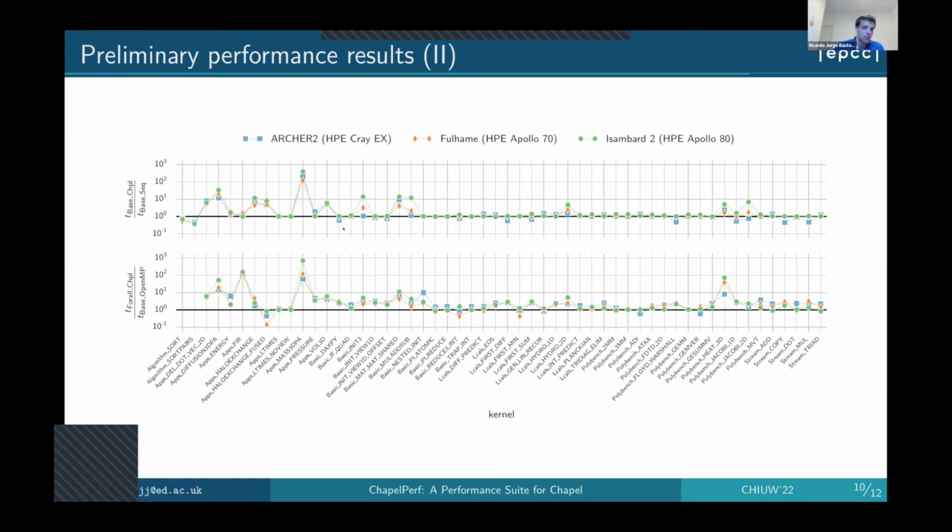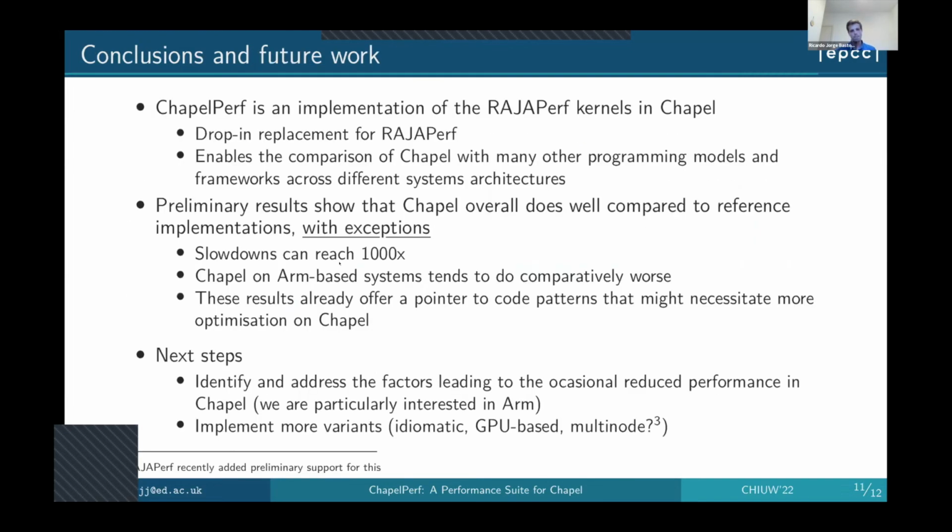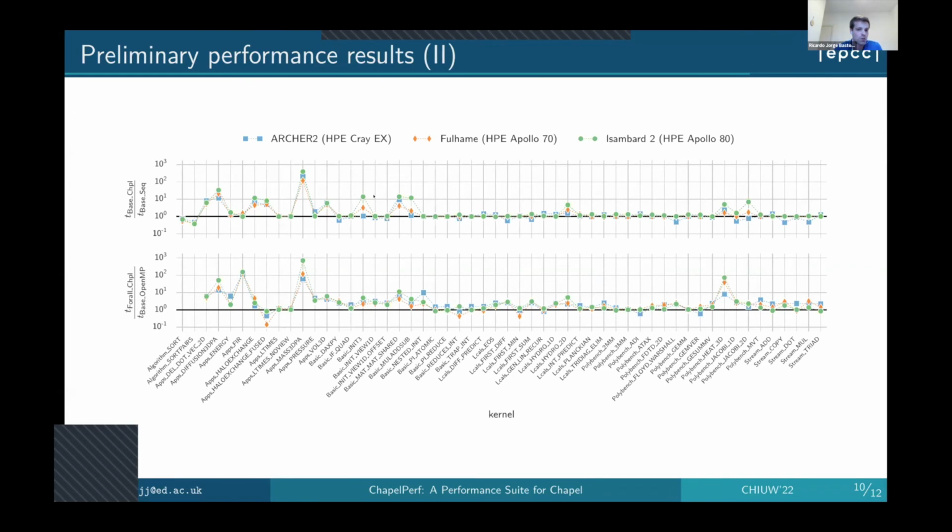And often when Chapel does better, it usually does better on the x86 one, as you can see there. So I do agree that in principle, there should be nothing preventing Chapel from performing as well on ARM as it does on any other system. But apparently, according to these preliminary results, there are a few kernels in which it's doing considerably worse.